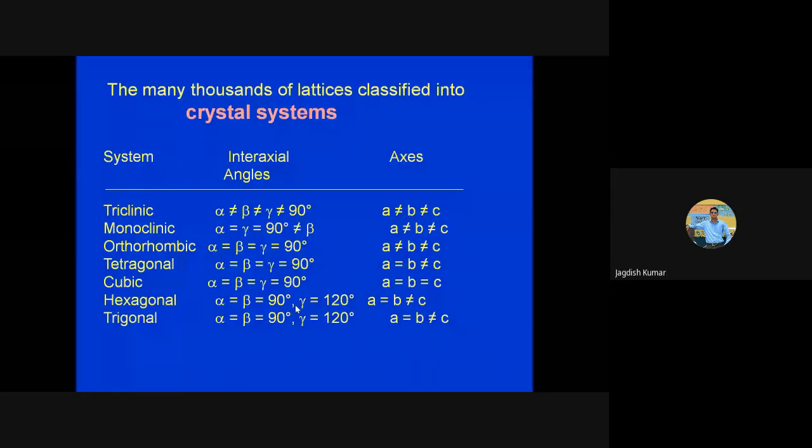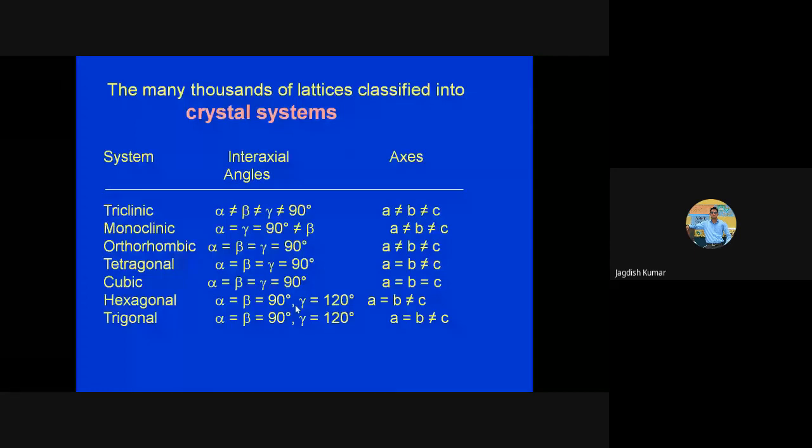Until we talk of crystal structure, we are just talking of the lattice only. So lattice parameters describe the lattice. Similarly, you have the triclinic lattice, monoclinic lattice, orthorhombic lattice, tetragonal lattice, cubic lattice, and hexagonal lattice. In the cubic lattice as well, what kind of repetition of lattice points is there? So these are the 7 crystal systems.